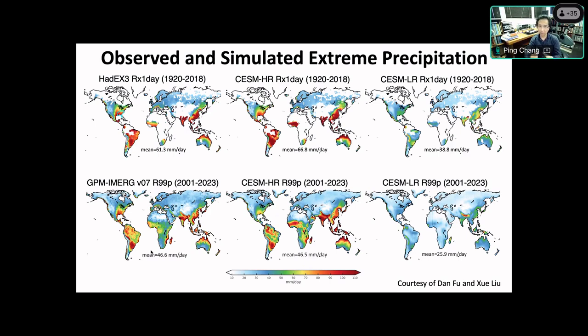For example, MCSs are typically generated by the multi-scale interaction of different atmospheric phenomena. For example, you have a cold front coming from the north, and then you have a warm, moist air, let's say the Amazon River transporting moist air northward.